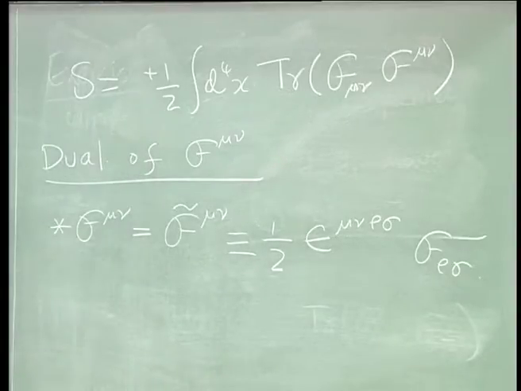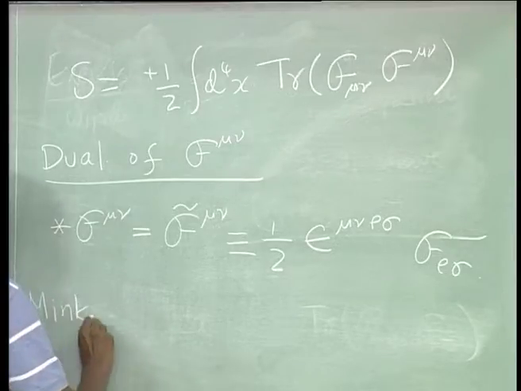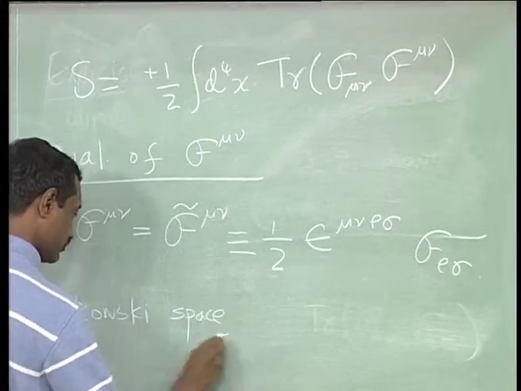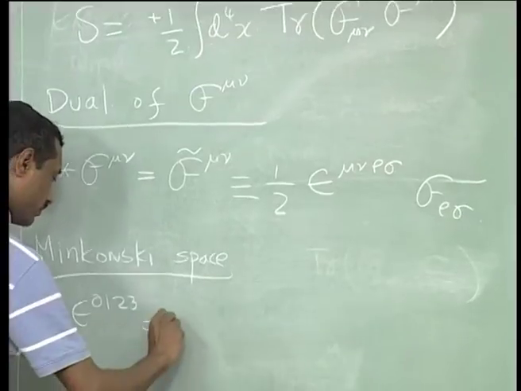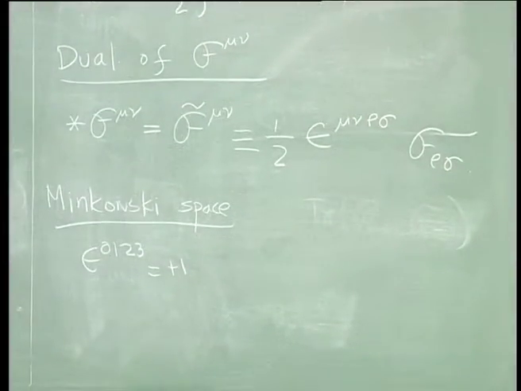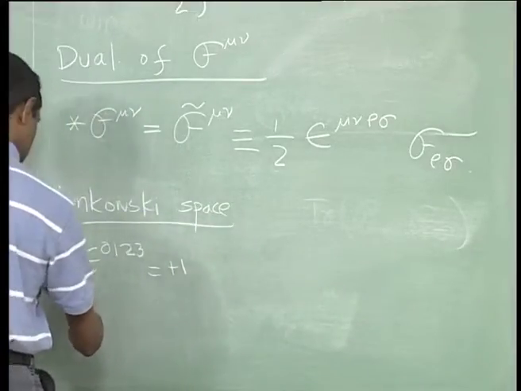Okay, and there is an important difference in Minkowski space. If we define epsilon 0 1 2 3 to be plus 1, the lower one would be minus 1.